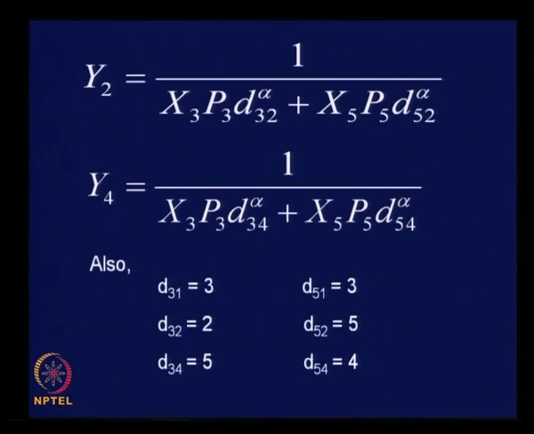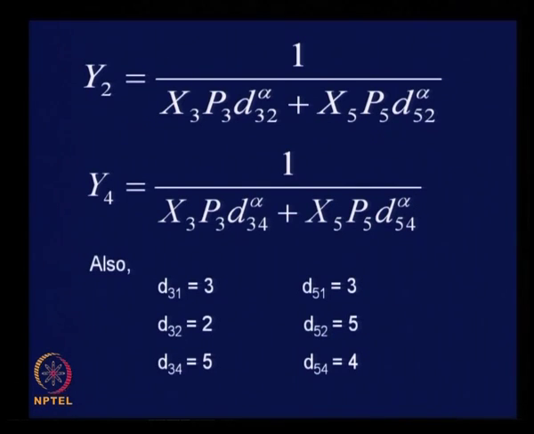Of course, the values of d31, d32, d34, d51, d52, d54 are given in the figure; again I am repeating the same numbers: 3, 2, 5, 3, 5 and 4.